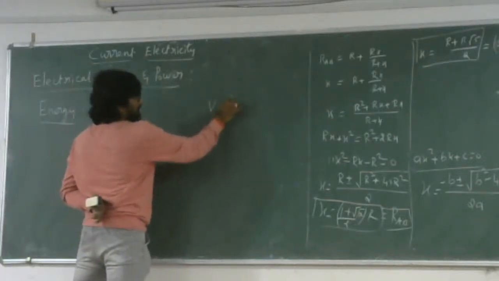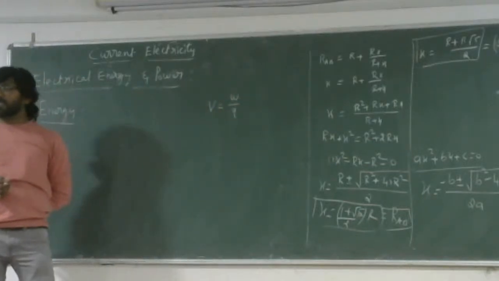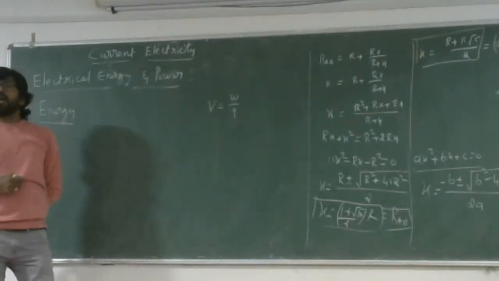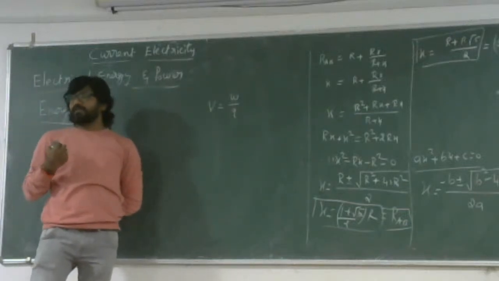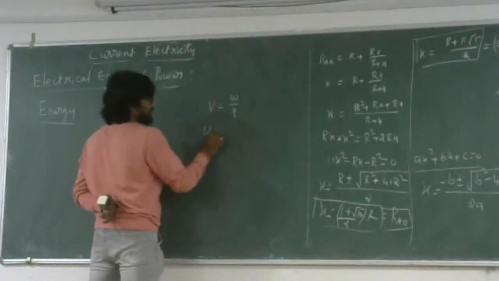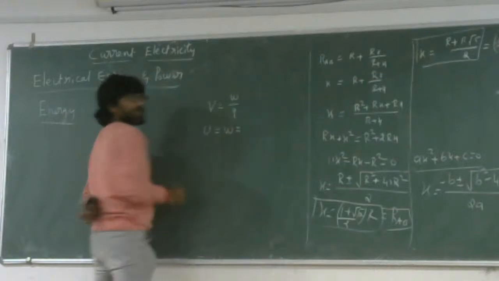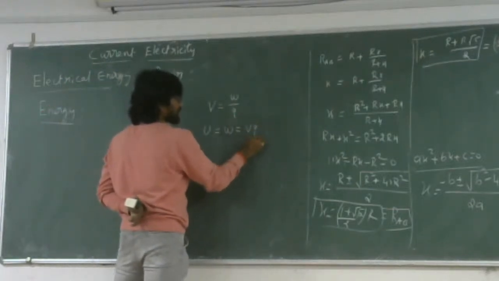Potential is work done per unit charge, the work done in bringing unit charge from infinity to a given point. Whereas potential energy is the work done in bringing a given charge from infinity to a given point. Potential energy can be taken as U or W. So you can say W in the external field is nothing but V into Q, or Q into V.